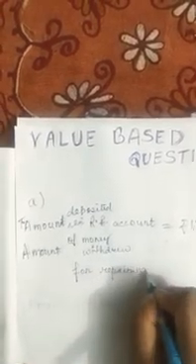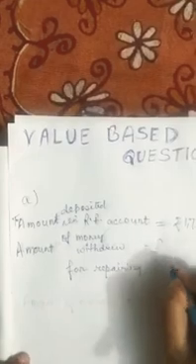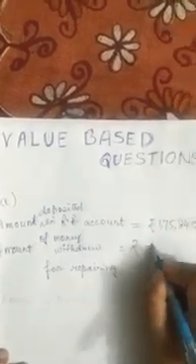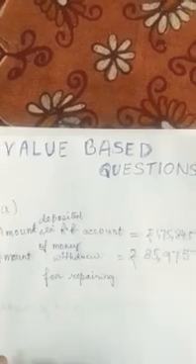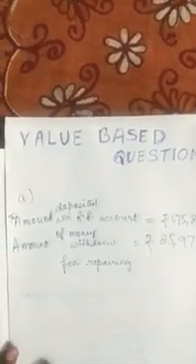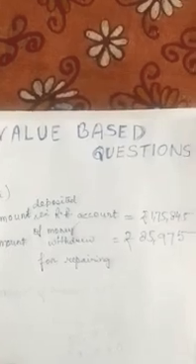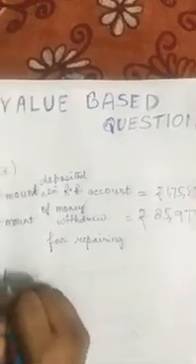What is the amount that was withdrew? Rupees 85,975. Now the question is, how much money is left in Rohan's father's bank account?